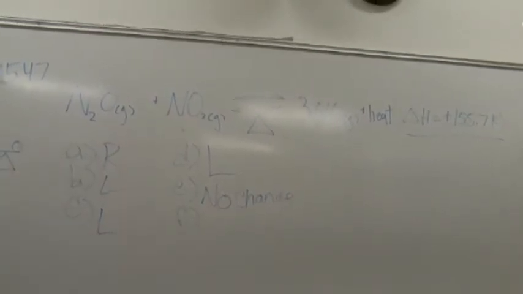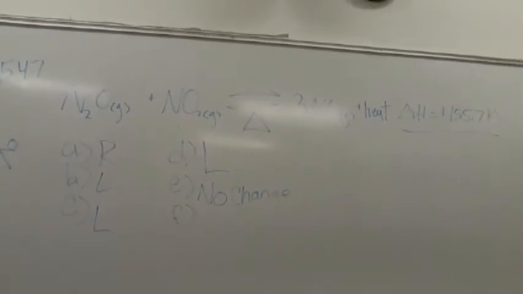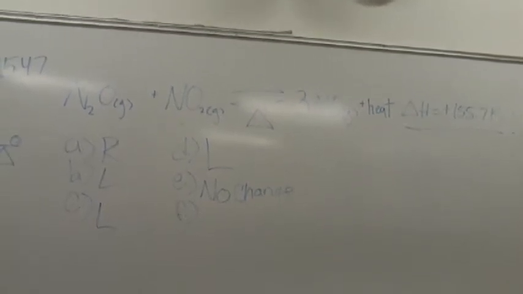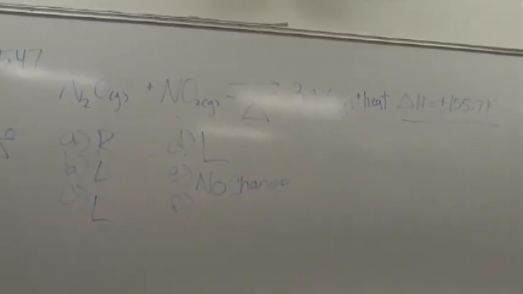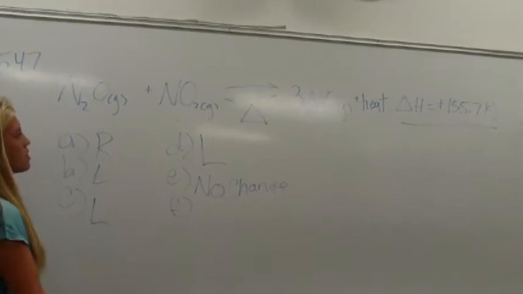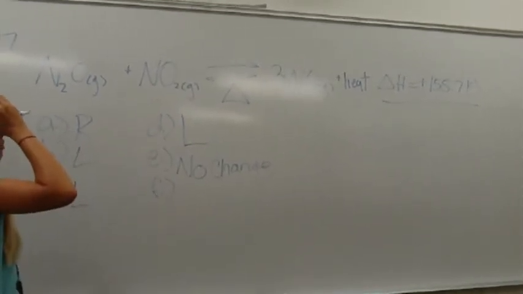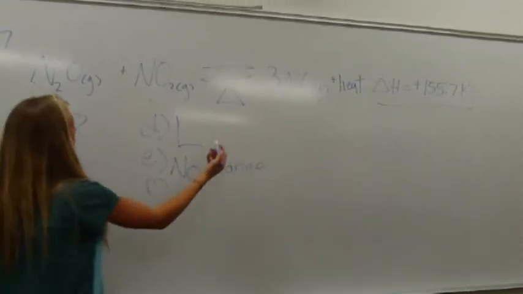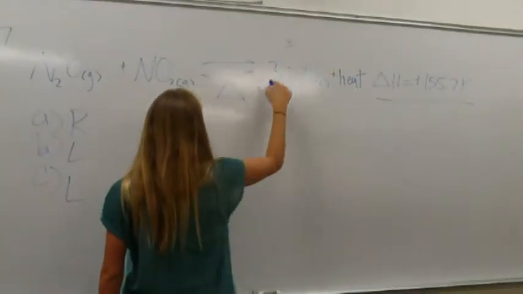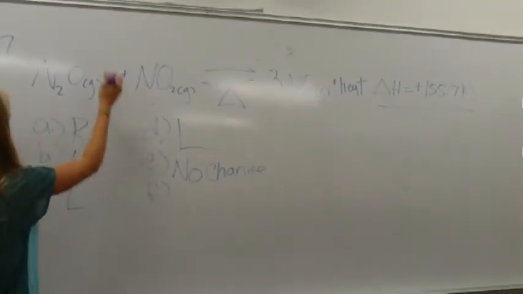And for F, it says decreasing the volume of the container at a constant temperature. Anytime we have a change in volume, we're just going to look at our number of moles of gas. Looking at our coefficients, here we have 3 moles of gas, and over here we have 2 moles of gas.